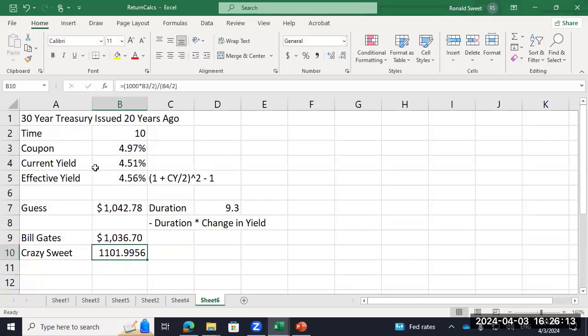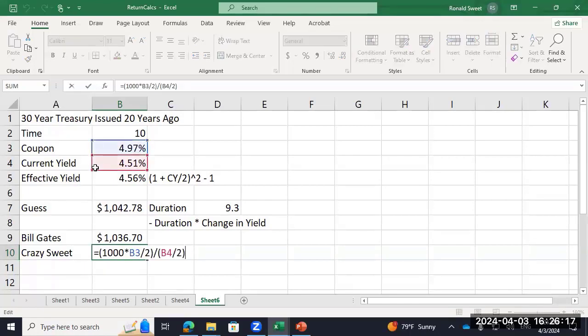So there's that coupon for all of eternity. But we know we're not going to get that for all of eternity, but we are going to get $1,000 back, but we have to subtract that 1,000 times B3 divided by 2, divided by E4 divided by 2. Now, if I hit enter here, I'm just going to get $1,000.